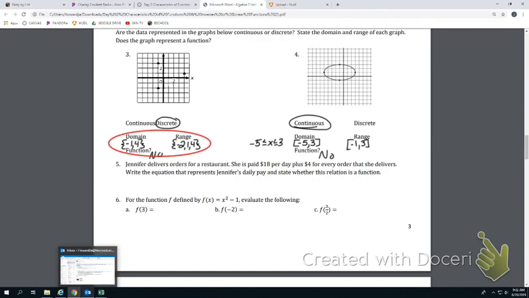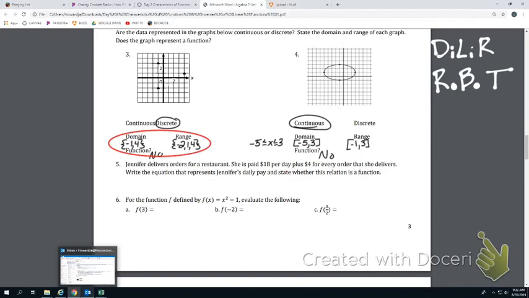If you have forgotten domain and range, better yet, do any of you remember this acronym right here? DLLR ROBOT is probably taught to you by your Algebra 1 teacher. Raise your hand if you've ever heard that before in your life. Okay. So, what does DLLR stand for?